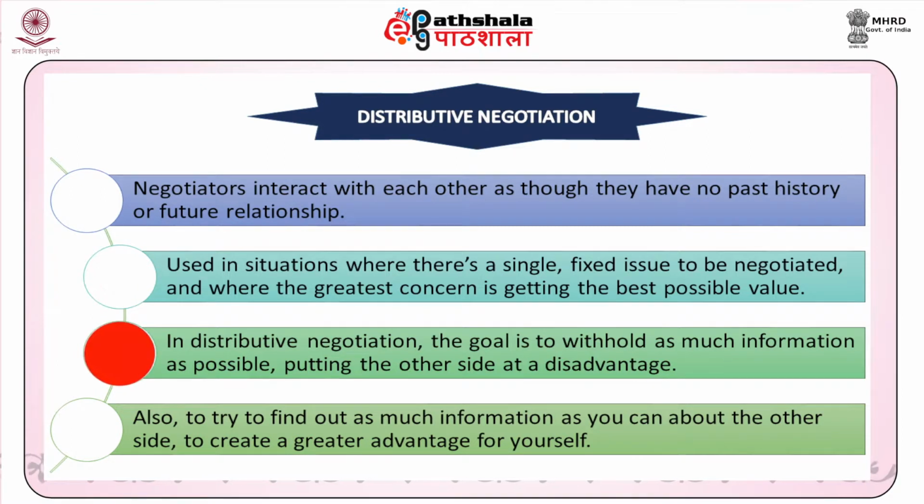A key difference between the two types of negotiation is how information is handled. In distributive negotiation, the goal is to withhold as much information as possible, putting the other side at a disadvantage.